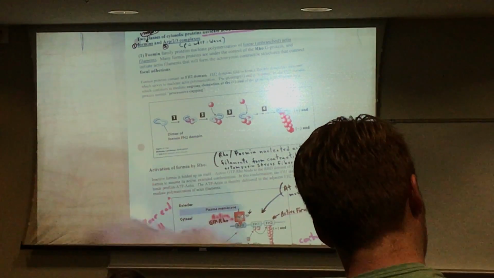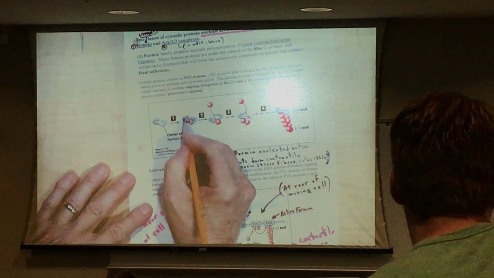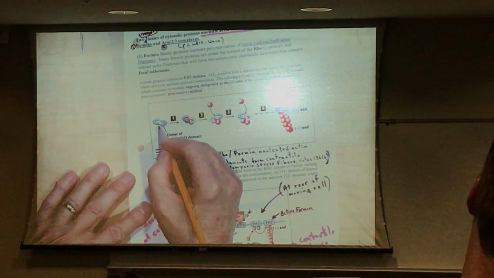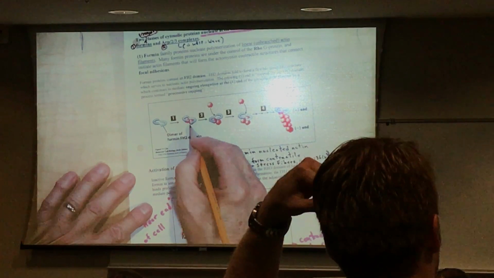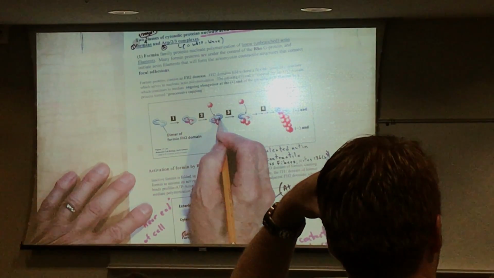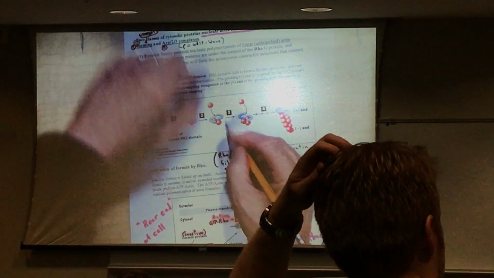So in this conformation, we could nestle an ATP actin right underneath that half donut, and then one right underneath this half donut. And now we have a pocket for a third actin monomer to come in. When that happens, then we'll get the reciprocating action.